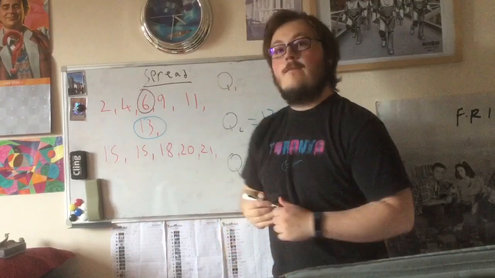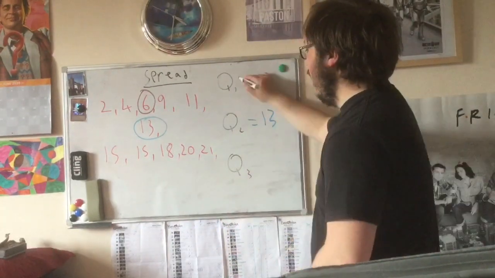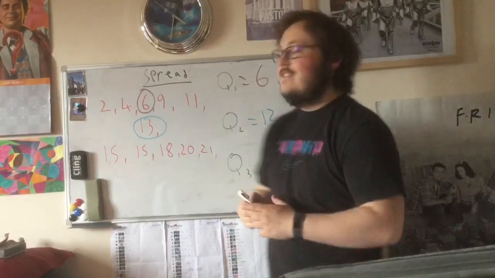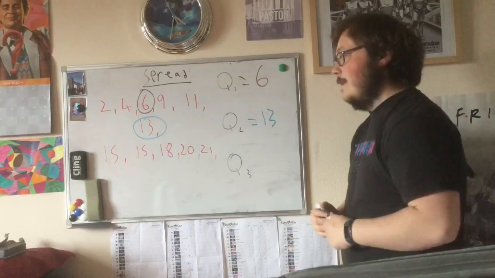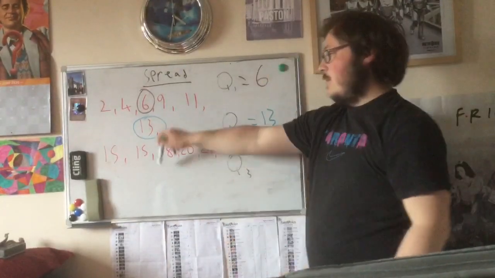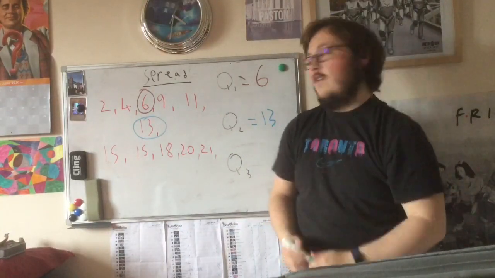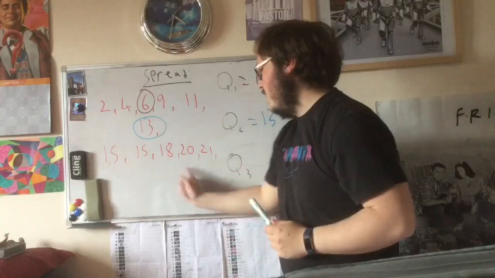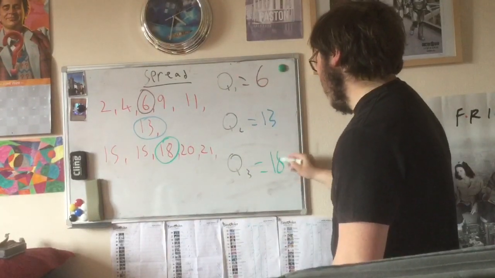This is 25% in our data set. And that means Q1, our first quartile, is 6. Now let's find Q3. So we look at the part beyond the median, which is here. This is the second half, and we need to find our median of that half. So cross that out until we reach the middle, which is 18.